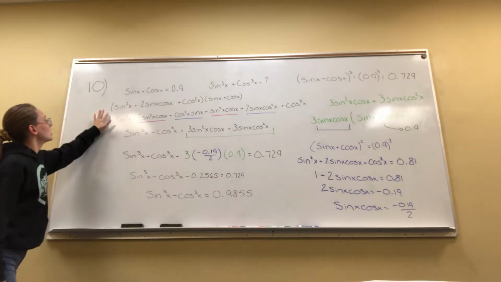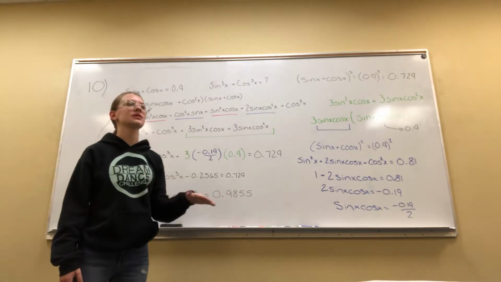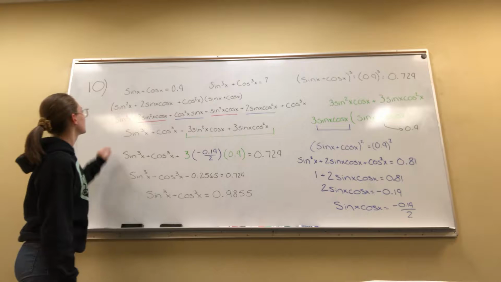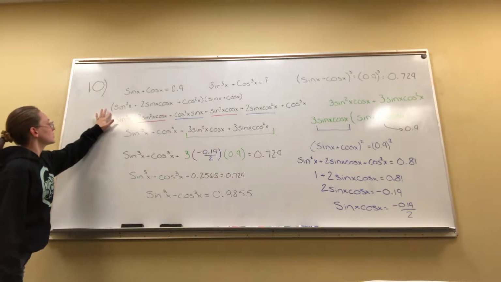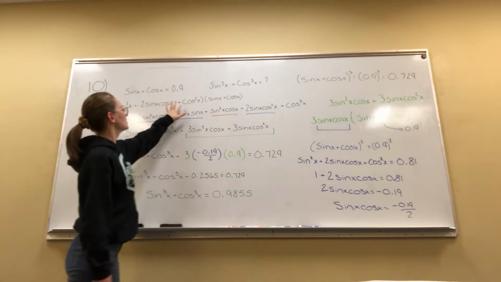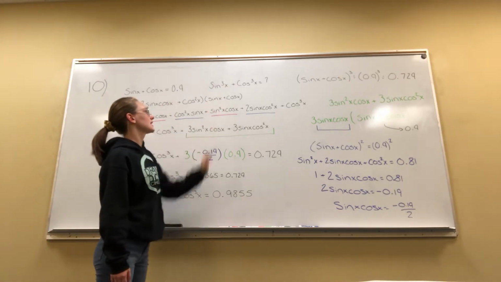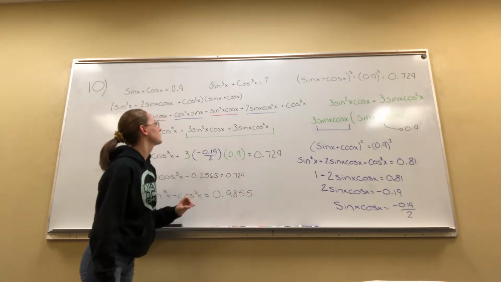So first, we just took sine x plus cosine x times sine x plus cosine x, and you get sine squared x plus 2 sine x cosine x plus cosine squared x. And then you have a leftover sine x plus cosine x.